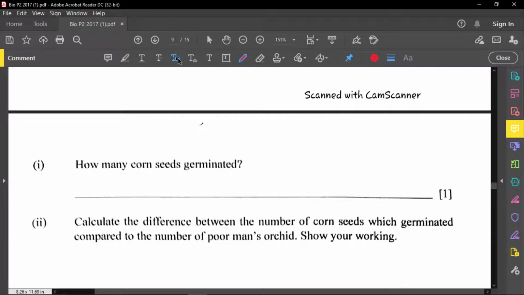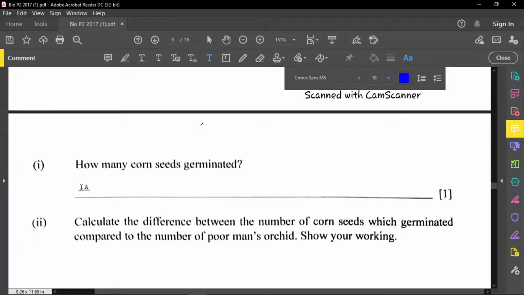In terms of calculation, you'll want to find 88% of 100. Then again, you don't need to go through all of this, because since there's 100 seeds and it's in percentages, convert exactly to percentage. So that will equal to 88 seeds. Okay. So 88 seeds of corn were germinated.